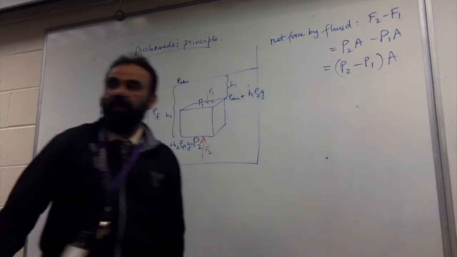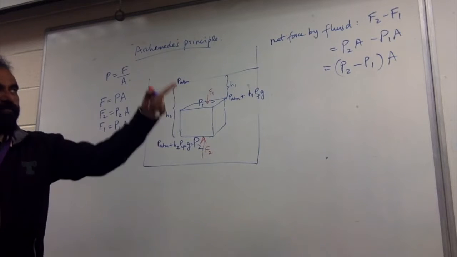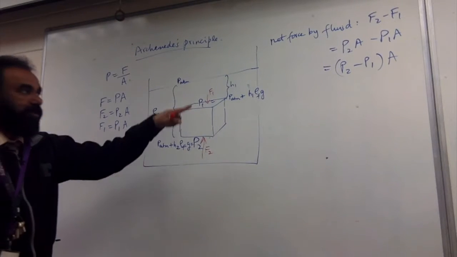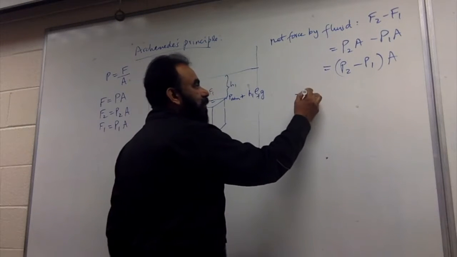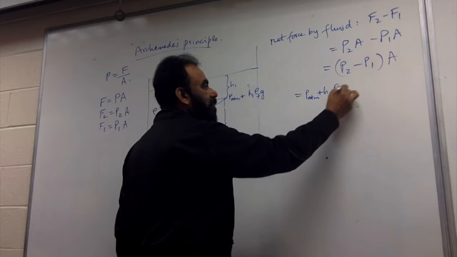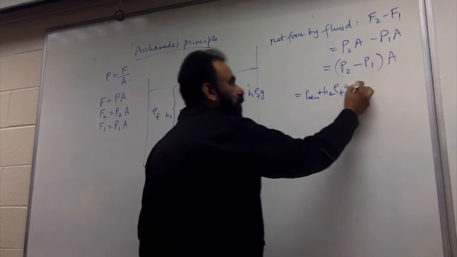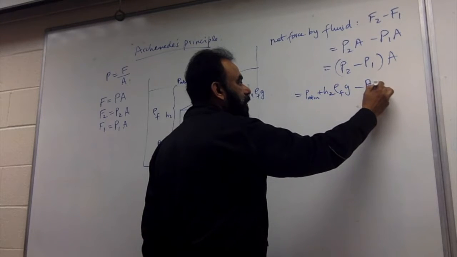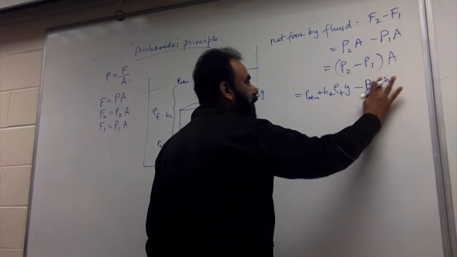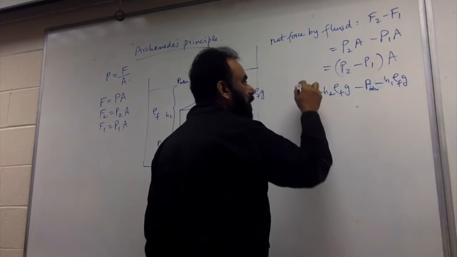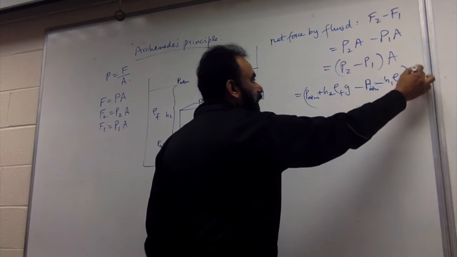Now I can take area common out. Is that okay? From that equation, area is common. Now what is P2? P2 is P atmosphere plus H2 rho F g. And P1 is P atmosphere plus H1 rho F g. This is P2 minus P1, then times area.